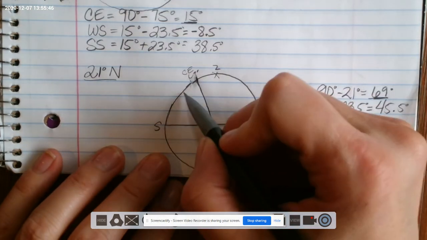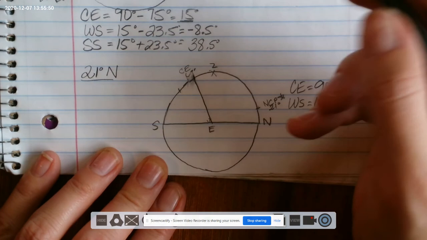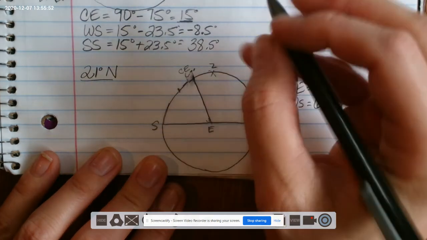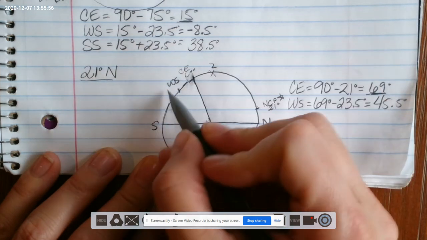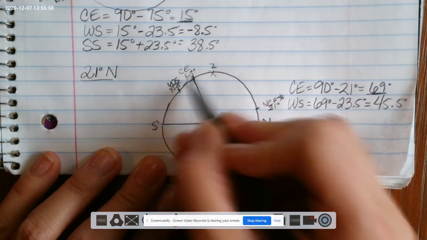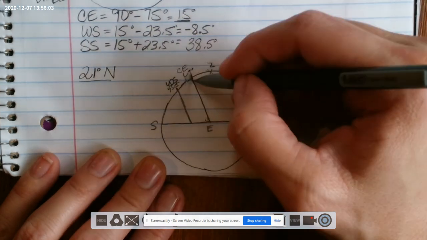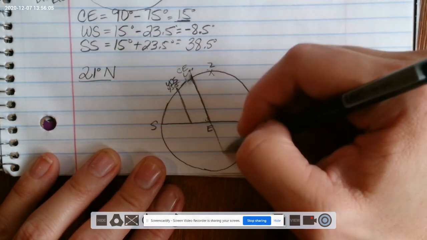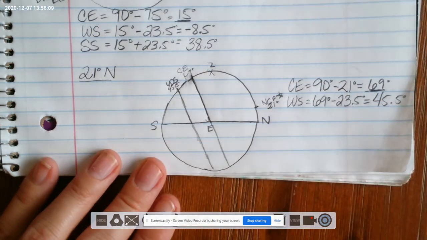If this is halfway, 45, I'm going to be somewhere right in here at halfway. That's going to be my winter solstice at 45.5. And I'm going to make the lines parallel. I'm going to just draw them down all the way through the southern hemisphere while I'm at it.